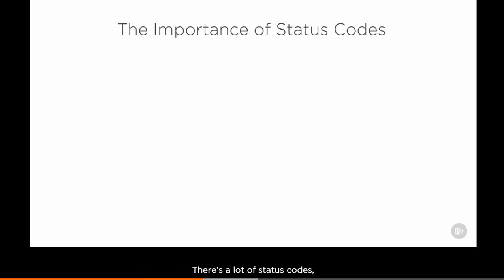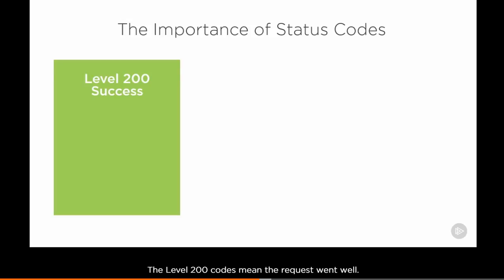There's a lot of status codes, and an API doesn't necessarily have to support all of them. But let's look into a few common ones. There's 5 levels of status codes. Level 100 status codes are informational and weren't part of the HTTP 1.0 standard. These are currently not used by APIs. The level 200 codes mean the request went well.